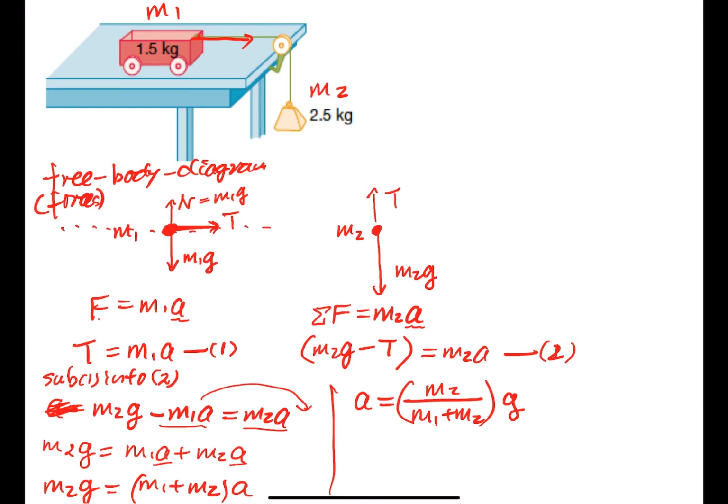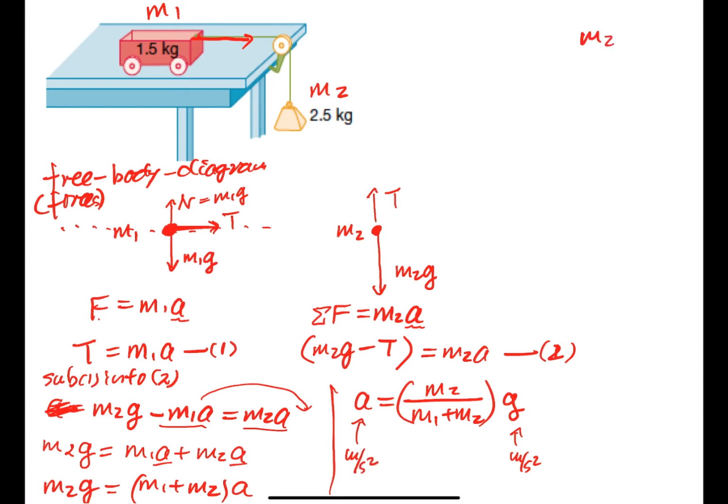Now, can you see the way I write down the solution? I deliberately group all the masses into a bracket. The advantage is this: this is meter per second squared, and this is meter per second squared.